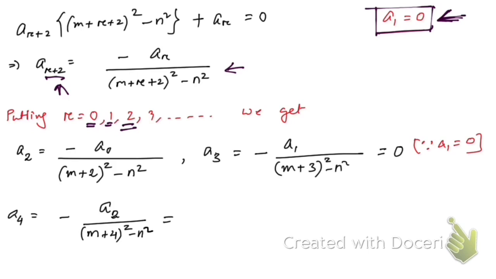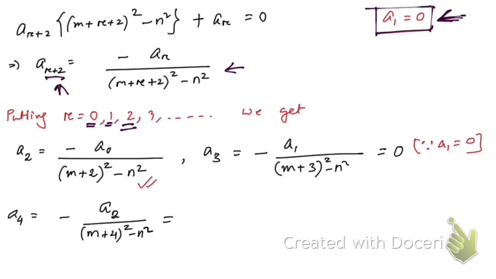Now you see, we have already got the value of a2, so let us put that value here. We have a minus sign, and there is also a minus sign in a2, so on putting a2 the minus becomes plus. Hope you have understood this.